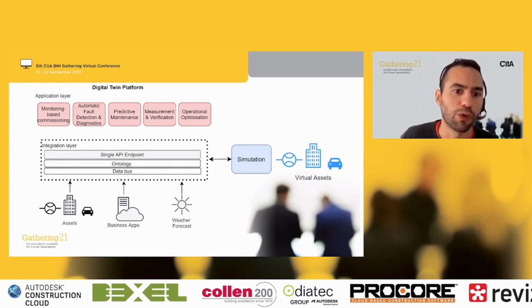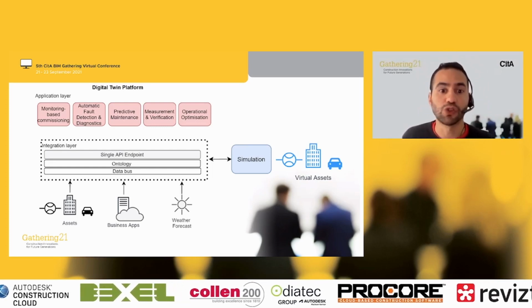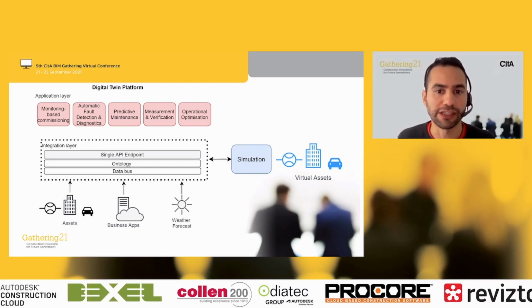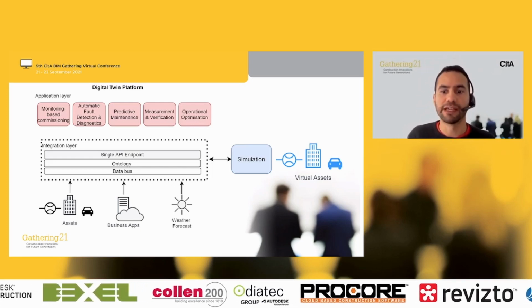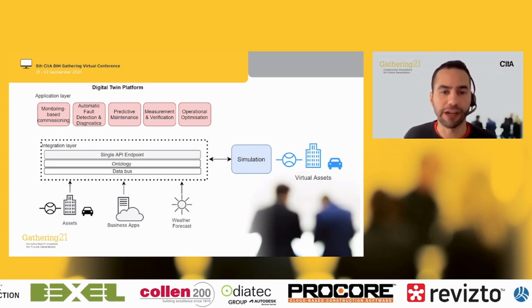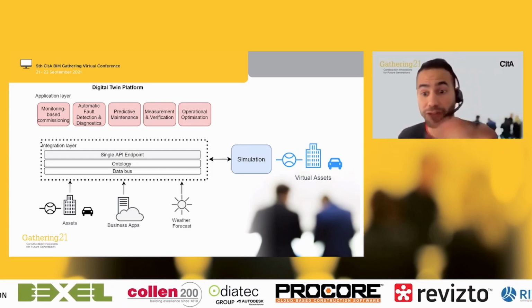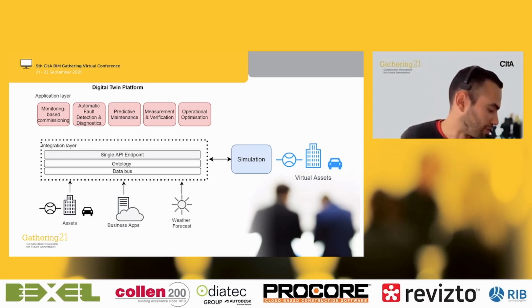But you could also use the virtual model for operational optimization and control optimization, where you will want to test and fine-tune your algorithms in a virtual asset before they are deployed into an actual asset.